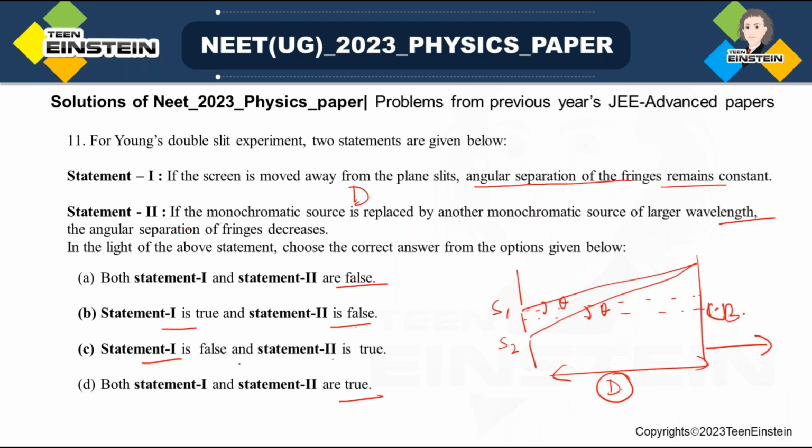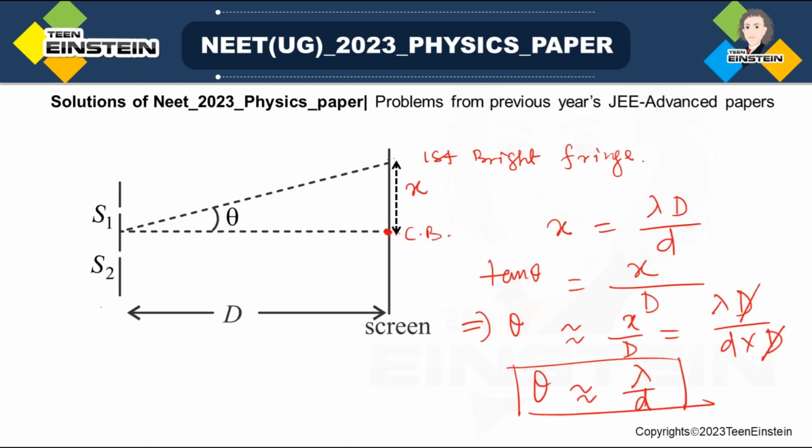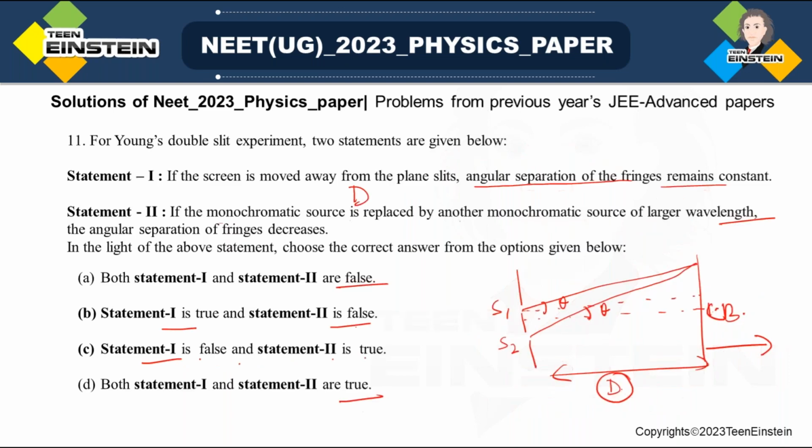So that's why the first statement is false. Now let us see whether the second statement is true or false. Theta is directly proportional to lambda. If lambda is larger, then angular separation decreases.